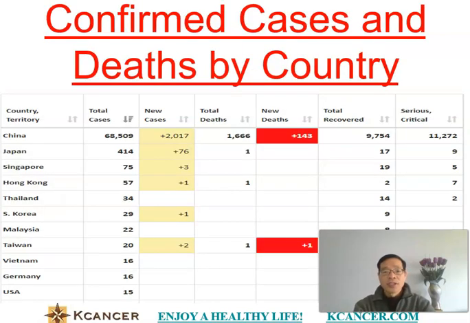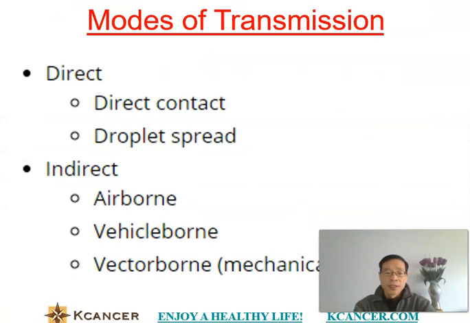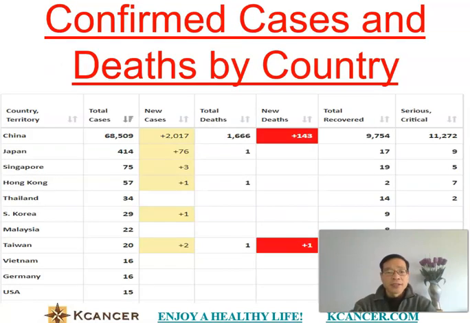The worry about this transmission actually has some data to support it. This is a table updated as of today, February 16, 2020. Of course, most cases are still in China, more than 8,000 cases, and new cases are still about 2,000 every day.